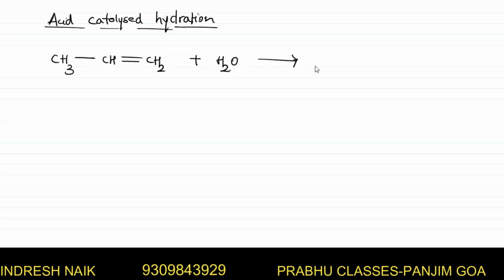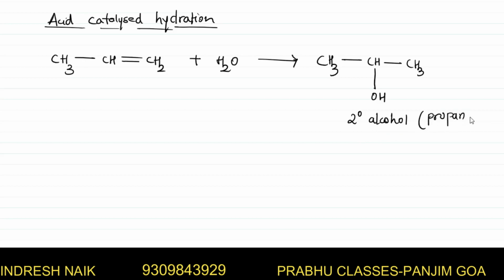The compound you are going to get is CH3, CH, OH, CH3. So this is the compound you are going to get. This is a secondary alcohol, and the name of this alcohol is propan-2-ol.